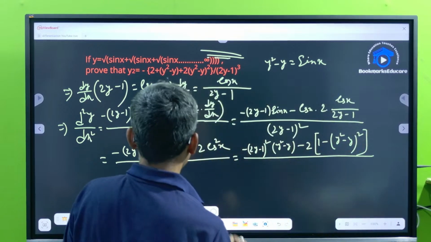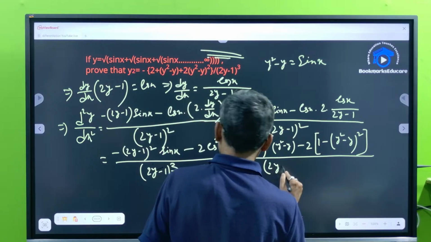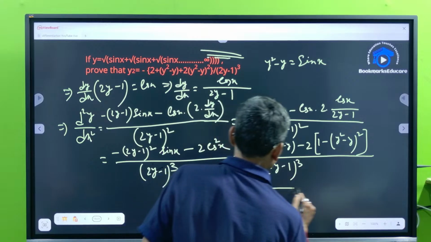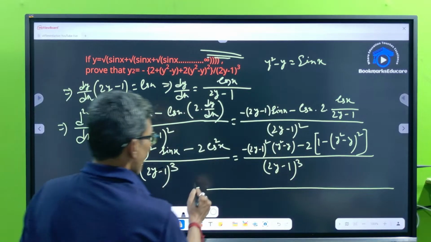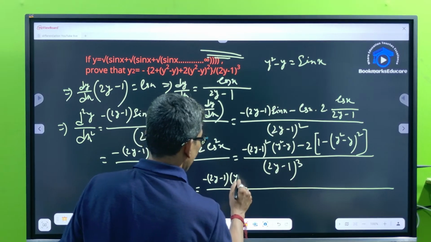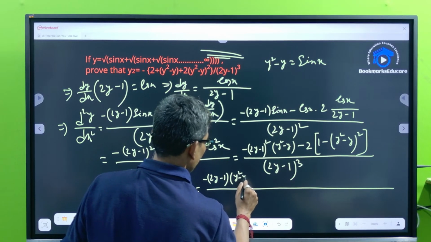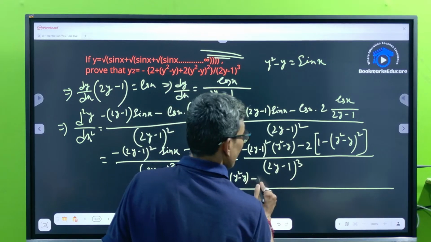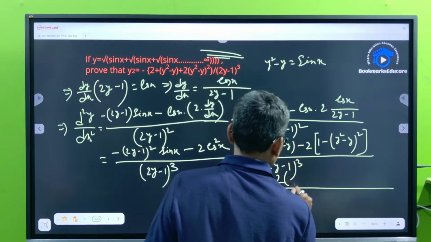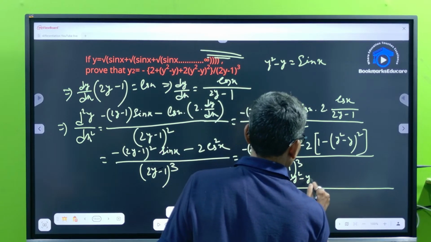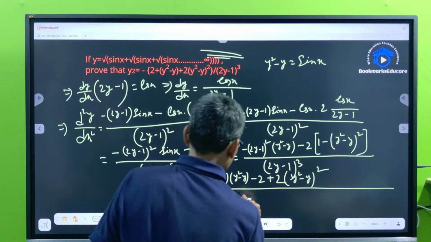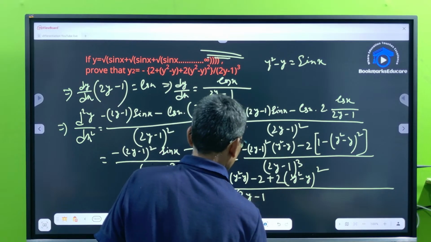By (2y minus 1) whole cube. So minus (2y minus 1)(y square minus y) minus 2 plus 2 into (y square minus y) whole square, by (2y minus 1) whole cube.